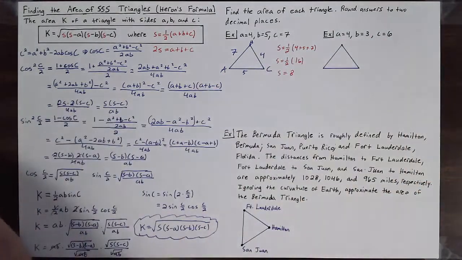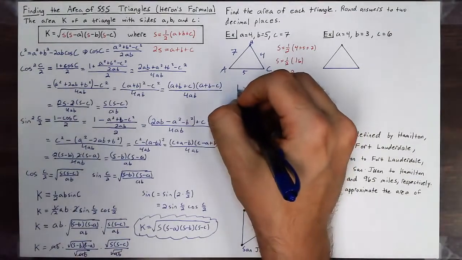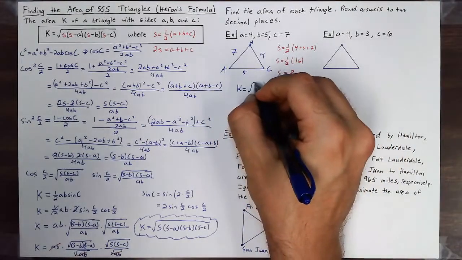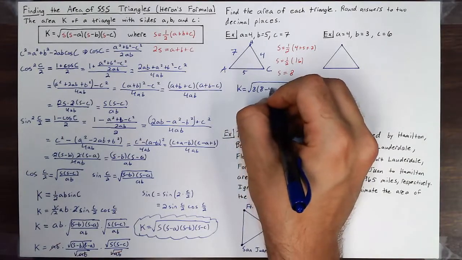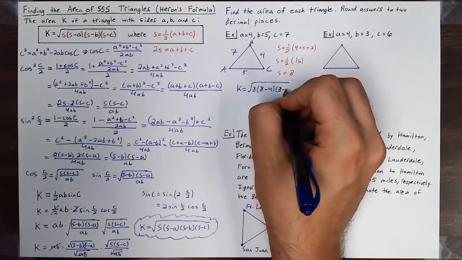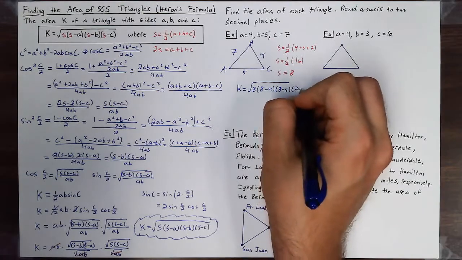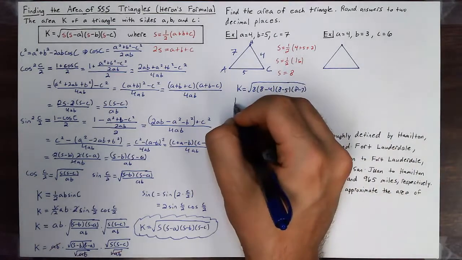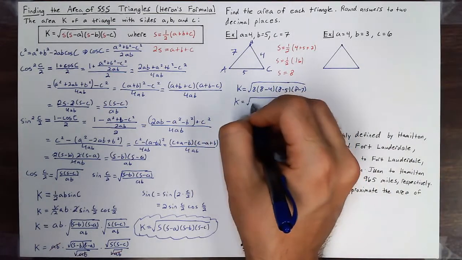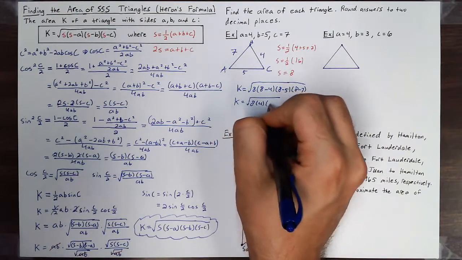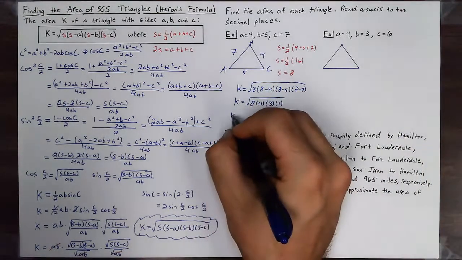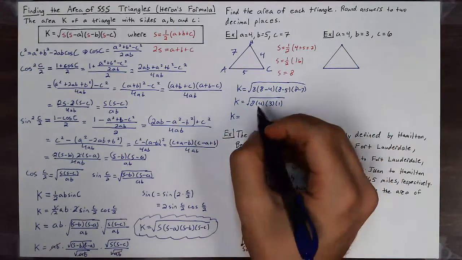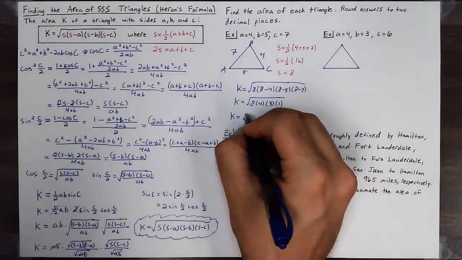And now if I want to use my formula, the area should equal the square root of 8 times 8 minus 4 times 8 minus 5 times 8 minus 7, which is the square root of 8 times 4 times 3 times 1. So K is equal to the square root of 8 times 12, which is 96.